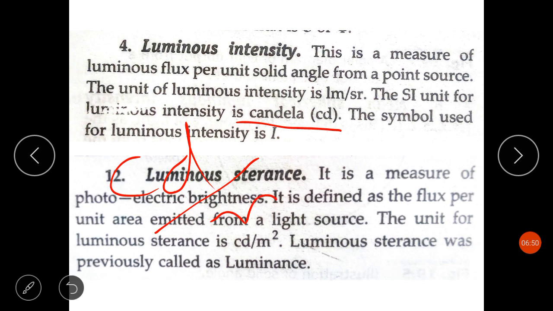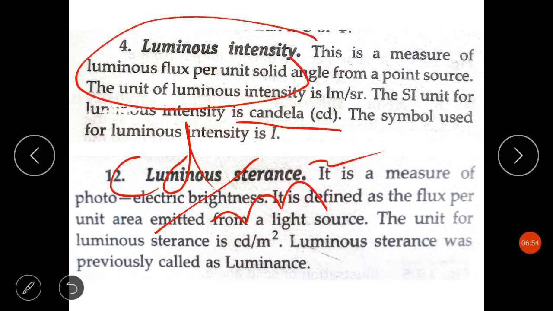Luminous emittance was previously called luminance.